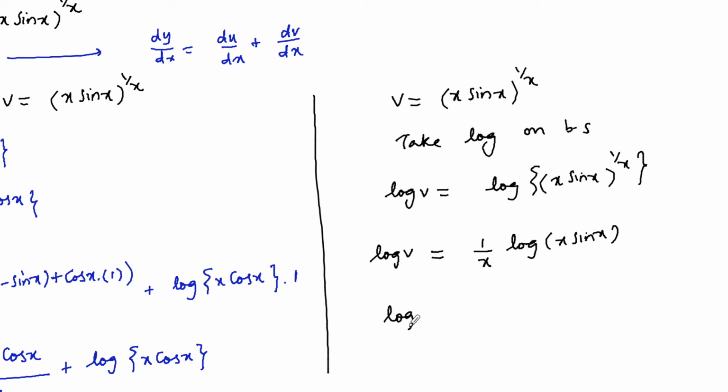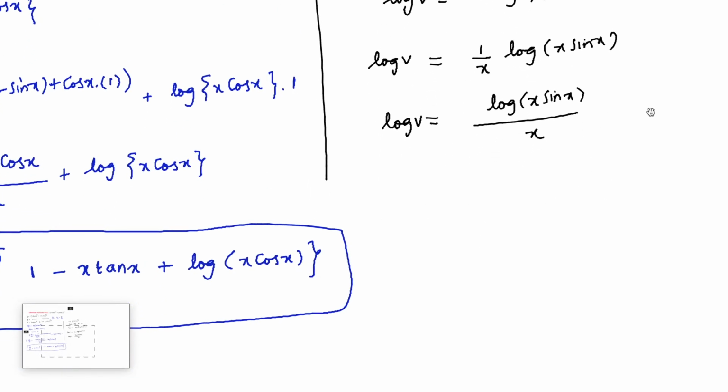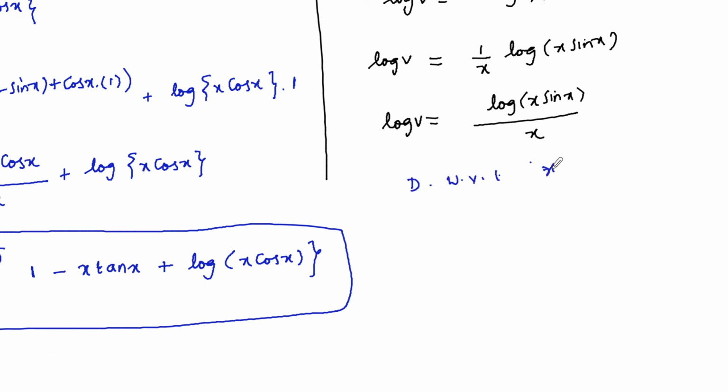This can also be written as log v is equal to log of x sin x upon x. It is just like in the form of u by v. Let's differentiate with respect to x.